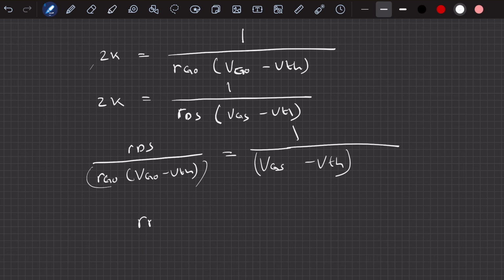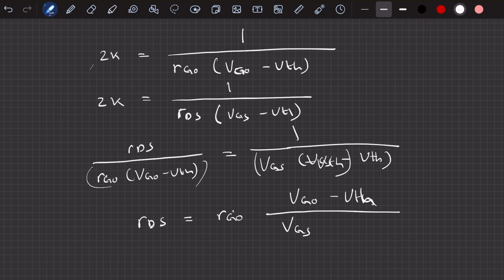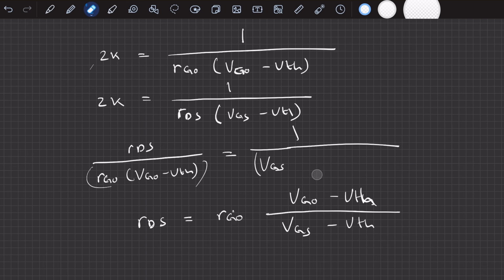So we end up with RDS is equal to RG0 (VG0 minus VTH) over (VGS minus VTH). It's gone a little bit messy here, so let me just fix that. So you can see we've got to the equation that is required in the question, and we've used some of the things that were given to us in the book a little bit earlier on in the chapter. And this is the solution for this question.